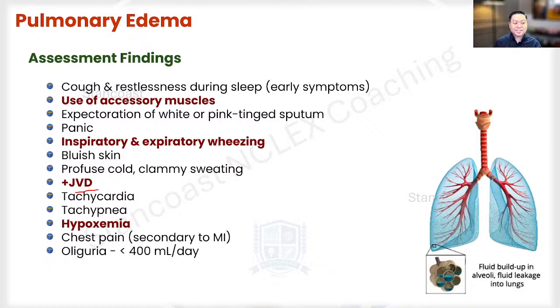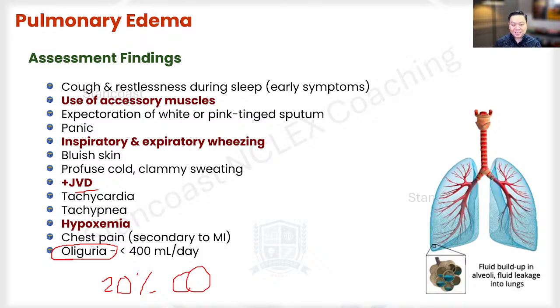And here, guys, please pay attention, because oliguria can be seen in this patient, as we know that the kidneys receive about 20% of the total cardiac output. So take note about the decreasing blood supply to the kidneys. So what you're going to expect here is that the patient will end up with low urinary output.